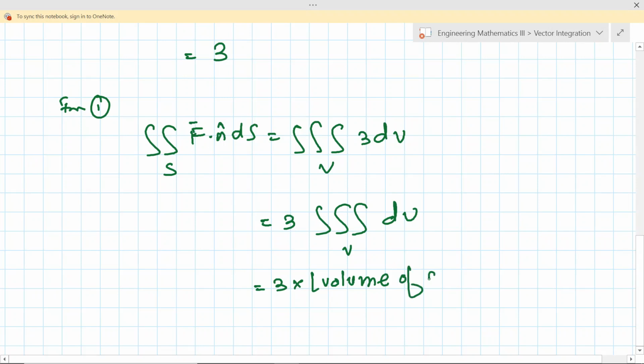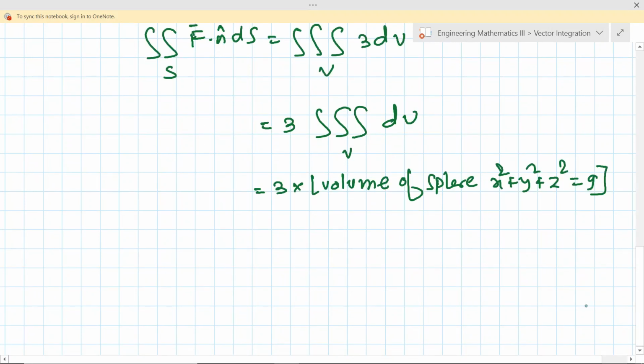So this is 3 into 4 by 3 into pi into 3 cube.